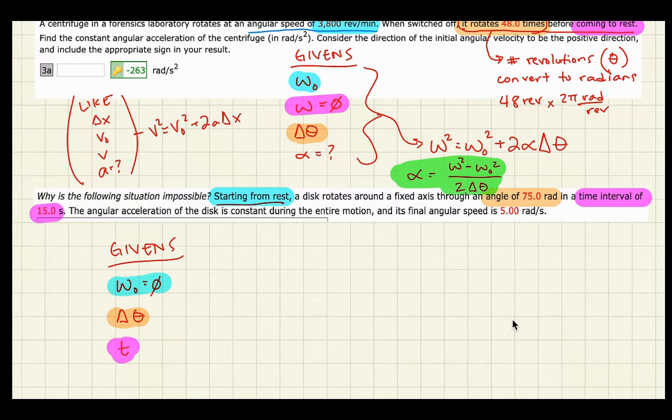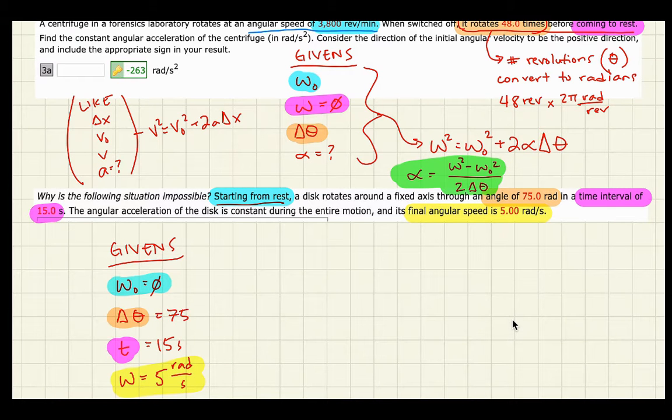We are lastly told that the final angular speed is 5 radians per second. So that's my last value. My time is 15 seconds, and my delta theta is 75 radians.